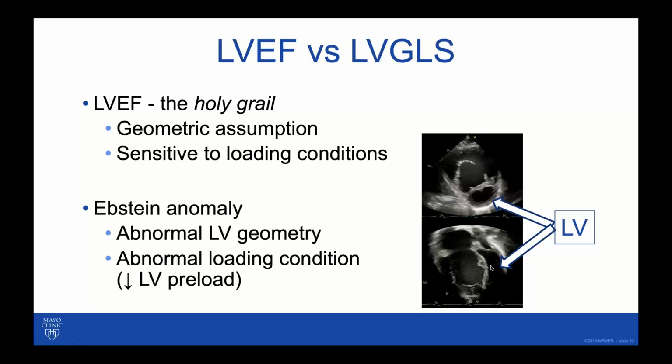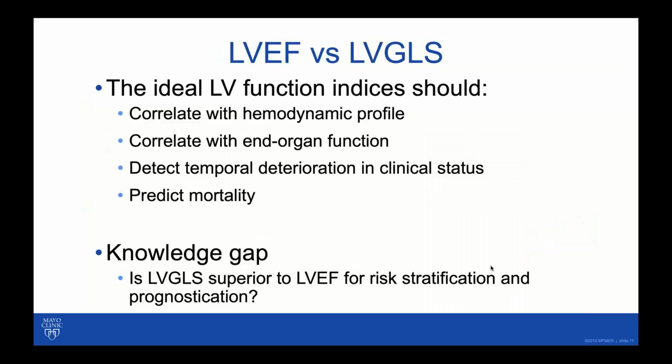So if these assumptions are not met, how accurate is LVEF as a measure of LV systolic function? We have two options. We can use the EF or we can use the GLS. But whatever we choose to use, the ideal metric should correlate with heart failure hemodynamics, that's your cardiac index and systemic venous congestion, and end organ function, and it should track with changes in the patient's clinical condition.